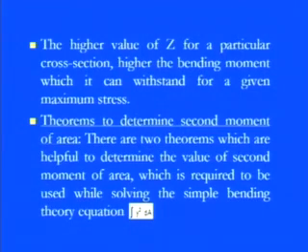Now we have M equals Z into sigma maximum. So M depends directly on the section modulus Z. The higher the value of Z for a particular cross section, the higher the bending moment it can withstand for a given maximum stress, because it is directly proportional.